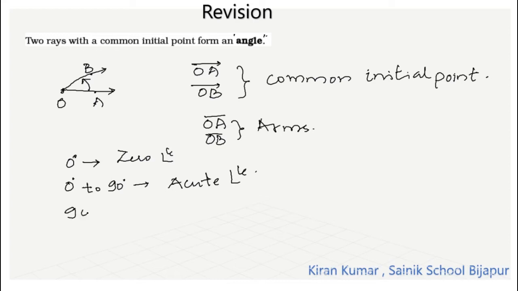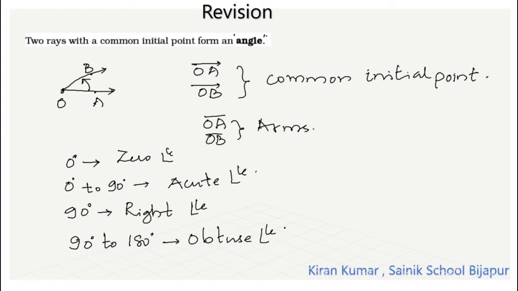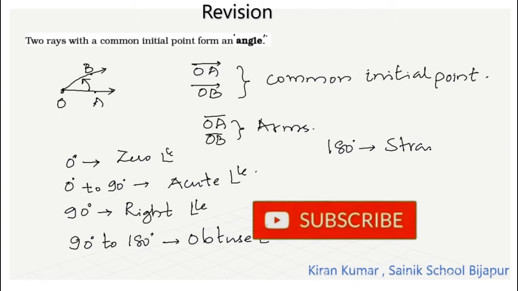If the angle measure is exactly 90 degree, it is called as a right angle. If the angle measure is between 90 degree to 180 degree, it is called as obtuse angle. If the angle measure is exactly 180 degree, it is called as straight angle.